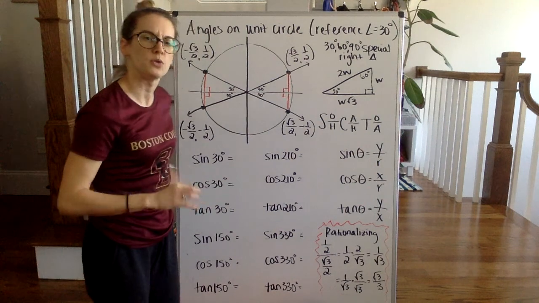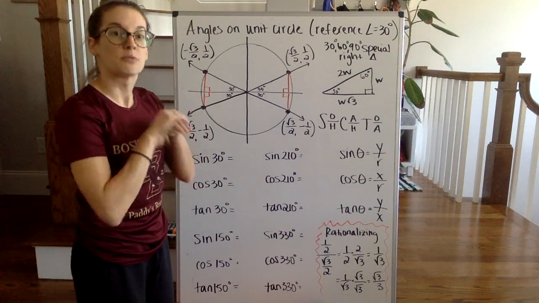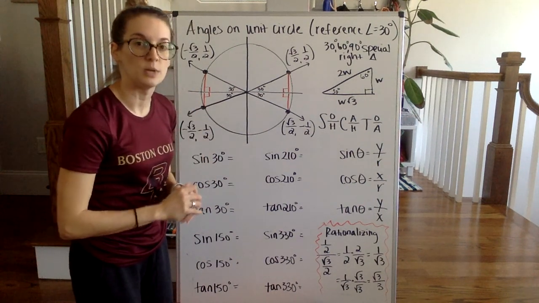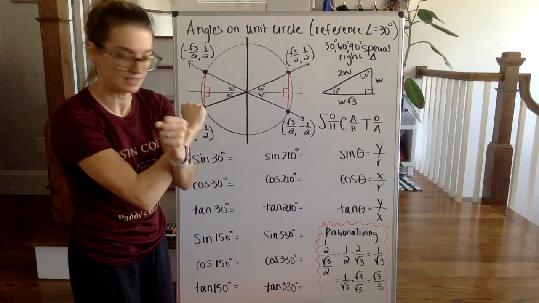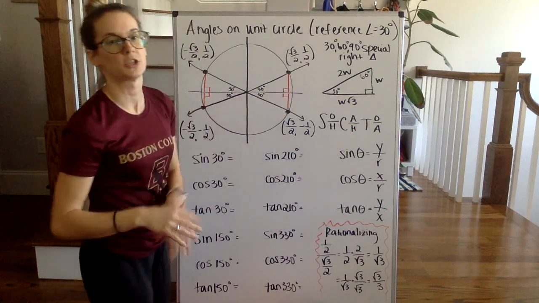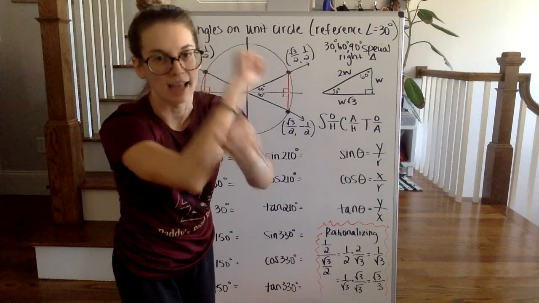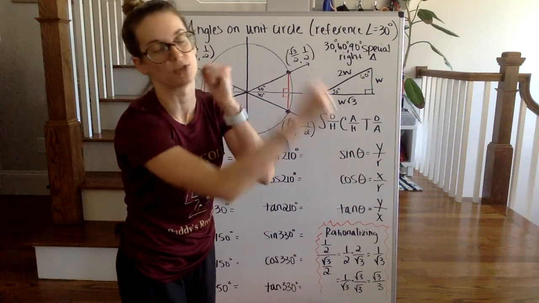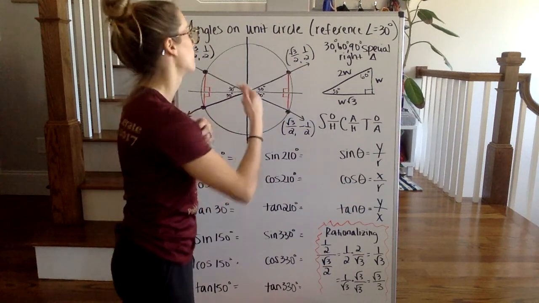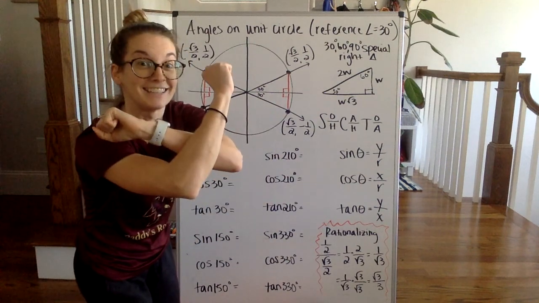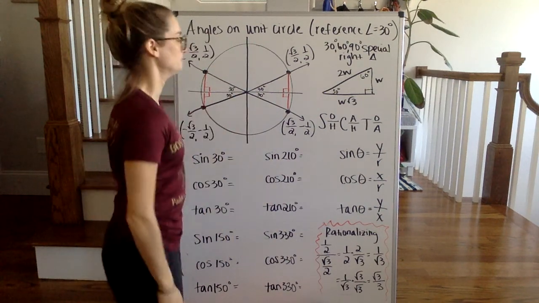So if you're ever confused, where does the reference angle go? The reference angle always sits between the x-axis and the terminal side of the angle. I used to do this all the time last year, all right? So your reference angle sits between the x-axis and the terminal side of the angle.